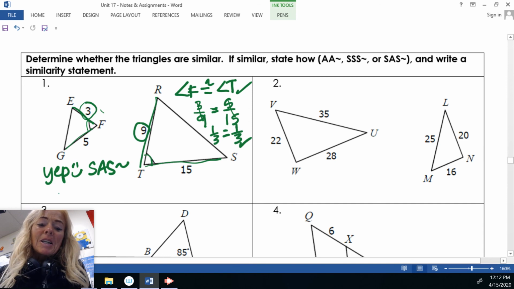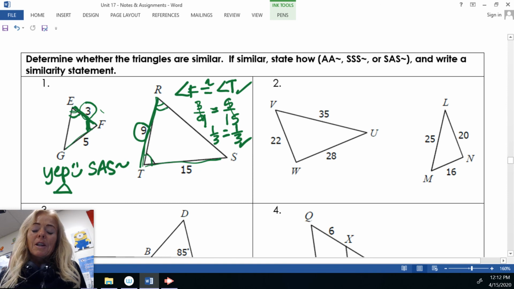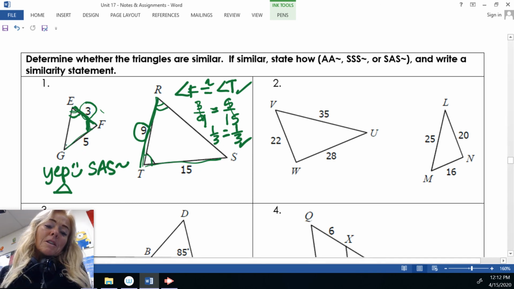All right, they're similar. And then our similarity statement. Now, along the short side, I'm going to mark a double arc. Here we have a single arc and then a double arc. So along the short side, I'm going to mark a double arc. And that gives me the second congruent angle so that I can see it more easily. And we'll go none, no arcs, 2, 1 to 2.